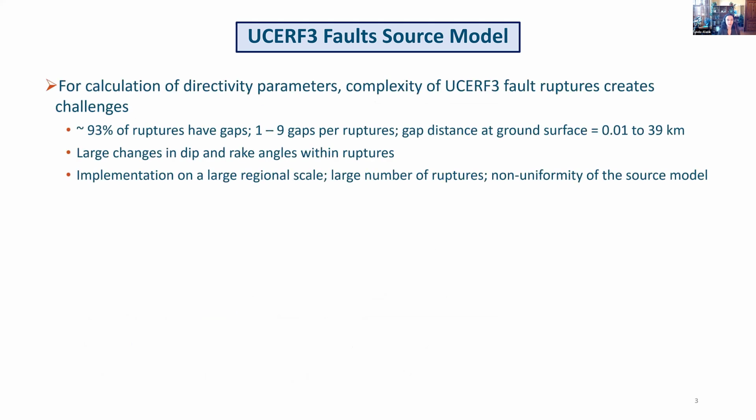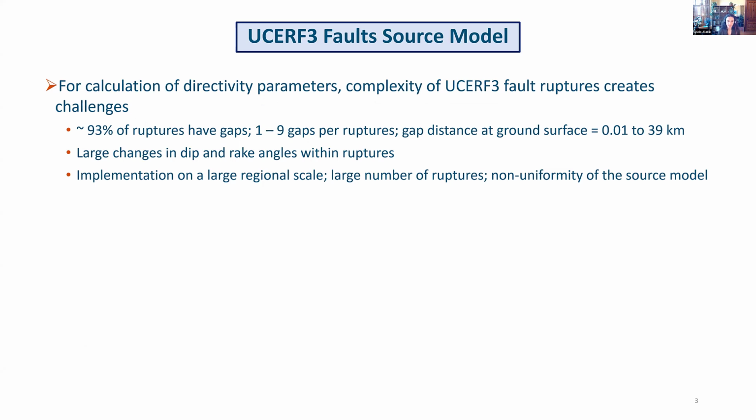From here on, I'm just going to focus on the directivity implementation, which is the topic of our meeting. The challenge, as you know, for implementing directivity, especially with the UCERF3 fault ruptures, is that the complexity of the fault ruptures in UCERF3 really makes it difficult to implement directivity models, which are developed for a lot simpler types of ruptures.